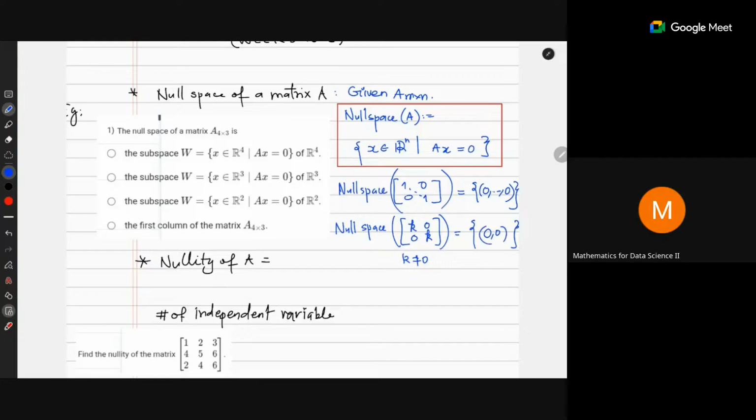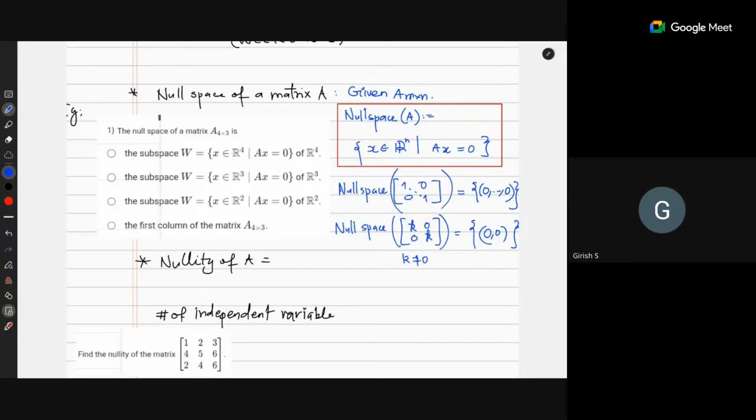All right. Here is a question on the left hand side where you need to find the null space of a matrix of order 4 cross 3. What is the correct option? The first option gives a subspace W, the set of all vectors in R4 such that Ax equals 0 of R4. Now, what would be the null space of a 4 cross 3 matrix?